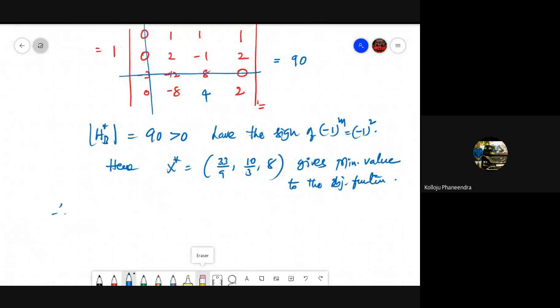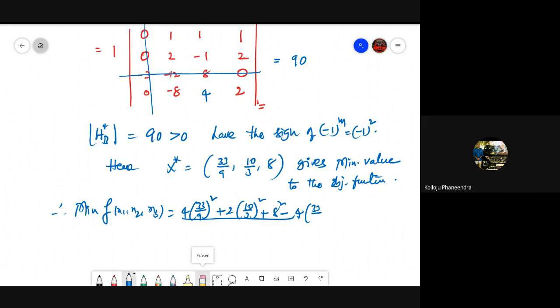Therefore, minimum of f of x1, x2, x3, you substitute the x1, x2, x3 values in the function. That is 4 into 33 by 9 square plus 2 into 10 by 3 square plus 8 square minus 4 into 33 by 9 into 10 by 3. Okay, you find this value.